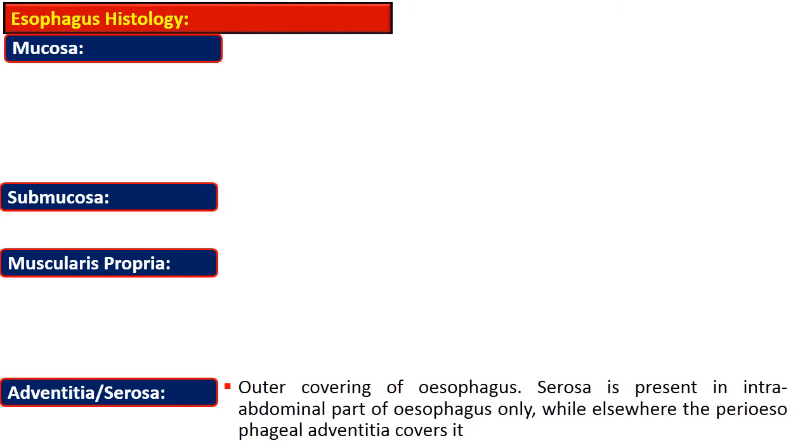The outer covering of the esophagus is termed as adventitia. Serosa is present only in the intra-abdominal part of the esophagus, while elsewhere it is covered by the periesophageal adventitial tissue.